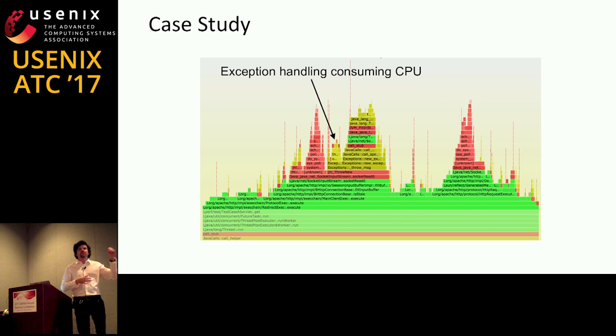People see these towers. They're in different colors. They shouldn't be there. This should just be Java code. And so they pop up, and they're very easy to identify. And the size of them is also relative to their proportion in the profile. So this has actually helped solve at least 2 performance wins at Netflix, just discovering that we were wasting time in exception handling. And it was very easy to identify with flame graphs.